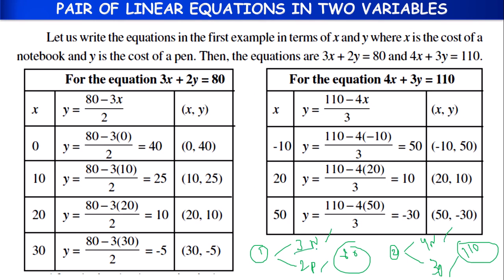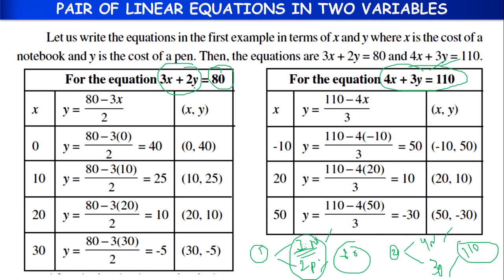If the cost of a notebook is X, then the total cost of notebooks will be 3X. If the cost of a pen is Y, the total cost of pens will be 2Y. So 3X plus 2Y, total amount is 80. Here 4X plus 3Y, total amount is 110.